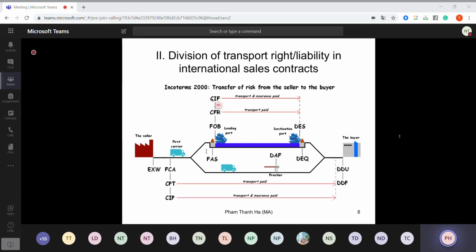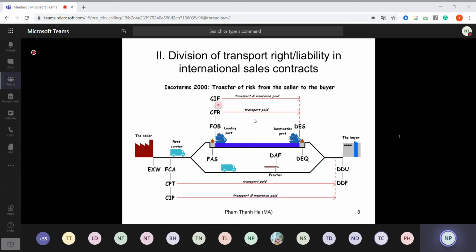Can I, teacher? Sure. Please. I think CIP equals CIF plus I plus F. I and F here mean the freight and the insurance from the unloading port to the point the seller nominated. It is the point of receiving goods.